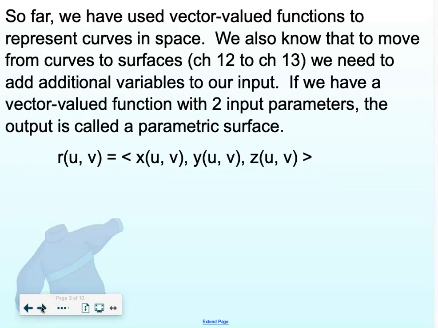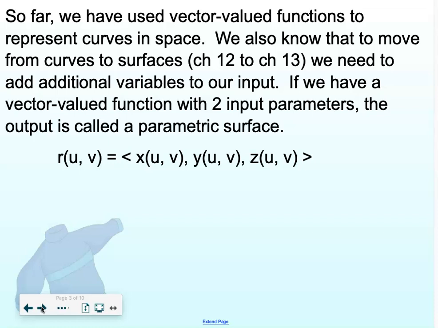So far, we have used vector valued functions to represent curves in space. We also know that to move from curves to surfaces, we need to add variables. That's what we're going to do now. We've been doing these parameterized paths with one input parameter. Now we're going to move to a parametric vector with 2 input parameters.